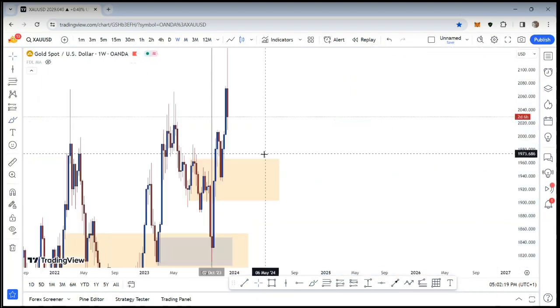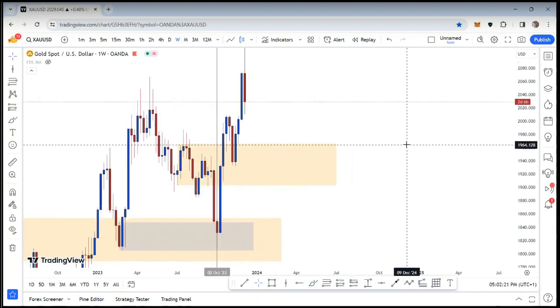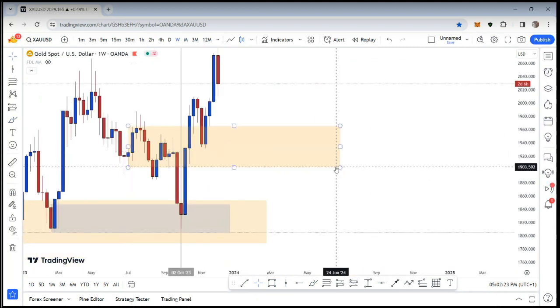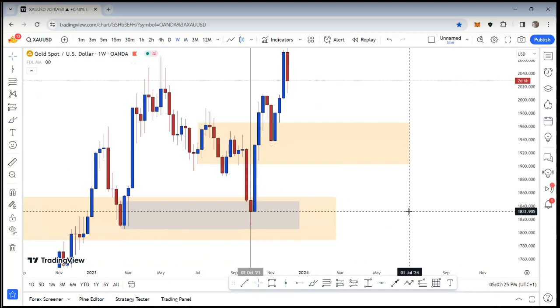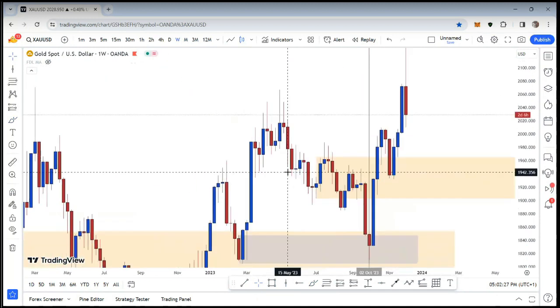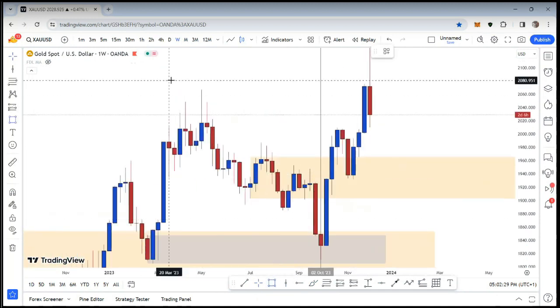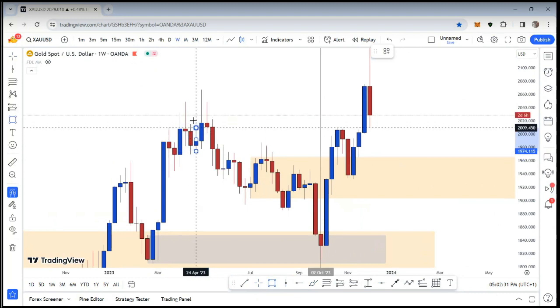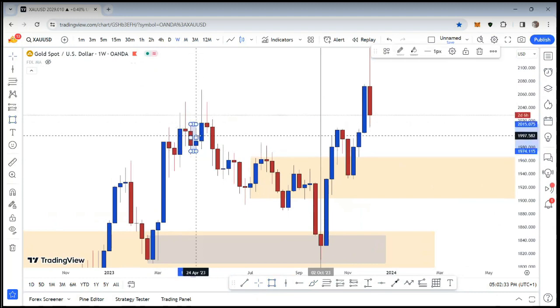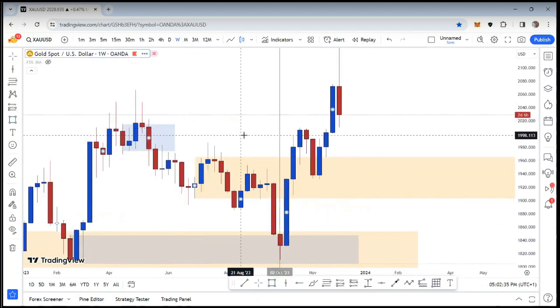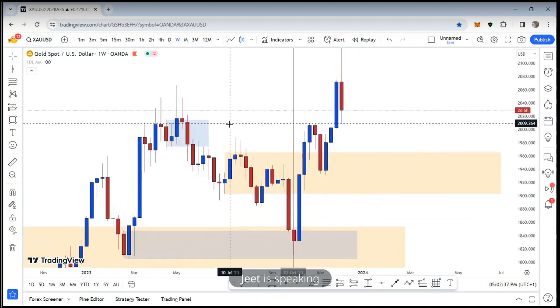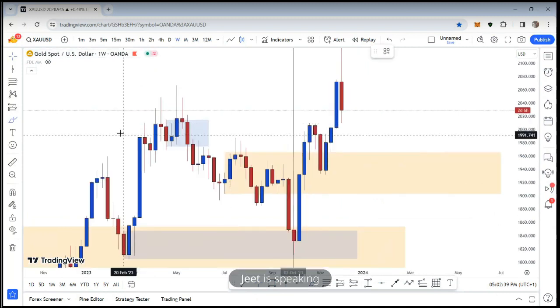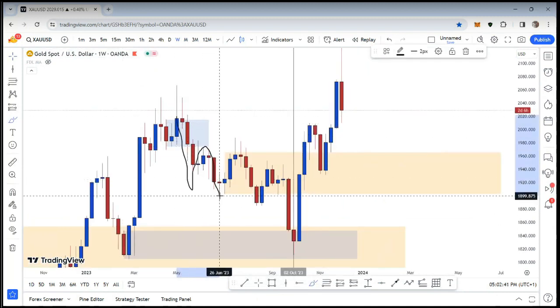So now observe the trend here on the weekly time frame. The weekly time frame is actually bearish, turned into a bearish trend from this level right here. Can you guys see that? Ever since that period, price has been trending to the downside.